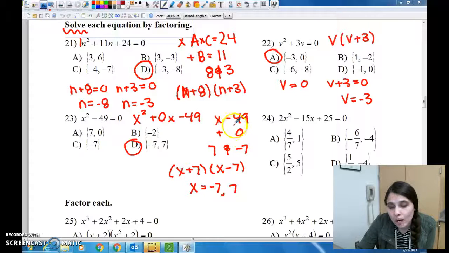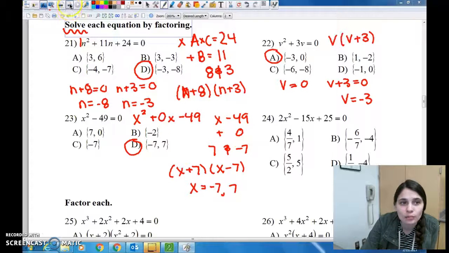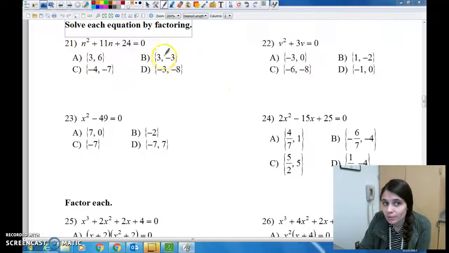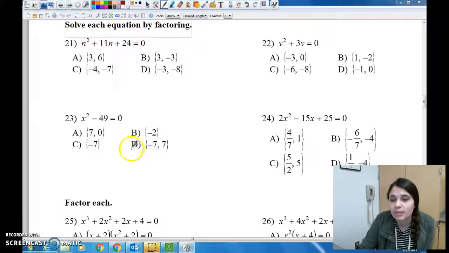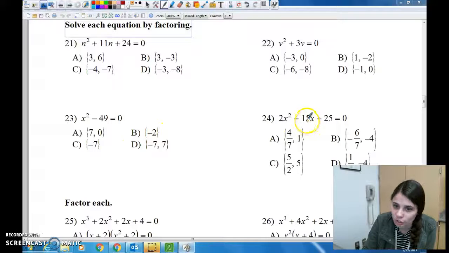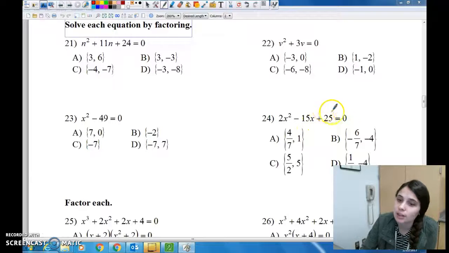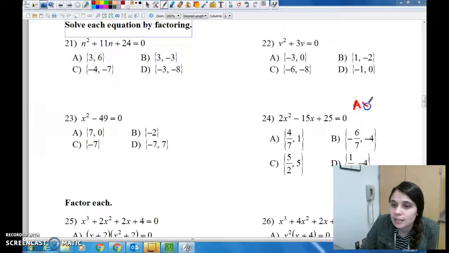Number 24, I think, is the one that tends to throw people off the most. It starts the exact same way we started 21 and 23, but then we have to do a couple extra steps in there. So I start first by seeing if there's a greatest common factor I can pull out, and in this case there is not. So I go to my A times C, which is 2 times 25, which is 50, and my B is negative 15.